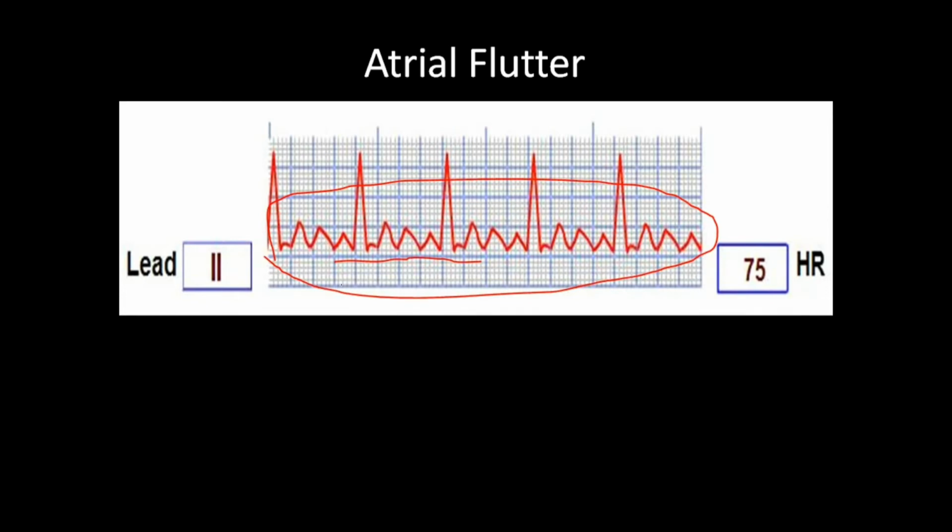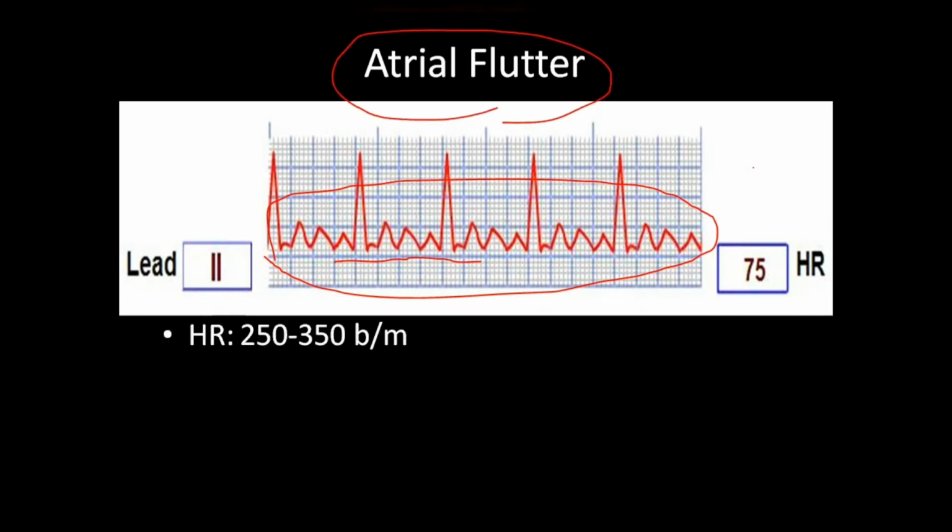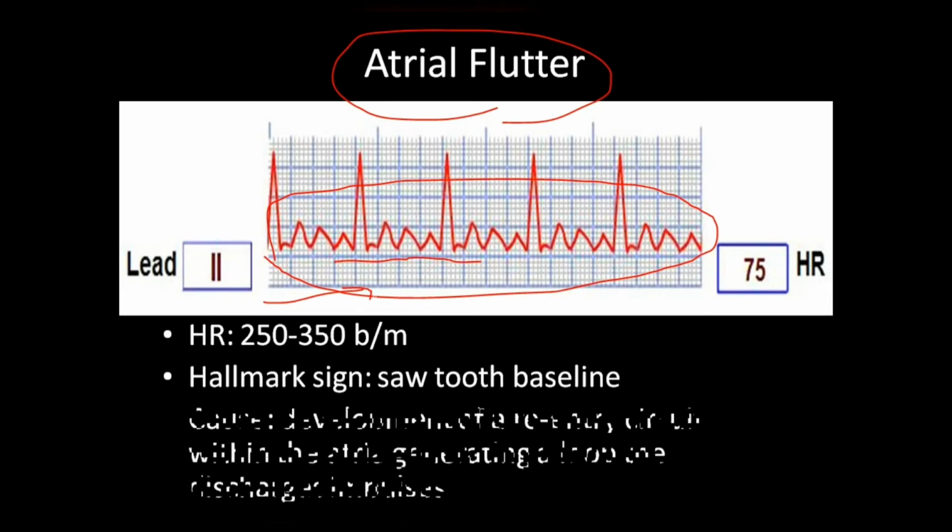The saw blade or sawtooth appearance of the waves is a hallmark of atrial flutter. The heart rate may go up to 250 to 350 beats per minute in this case. And the sawtooth baseline pattern is a hallmark of this condition.